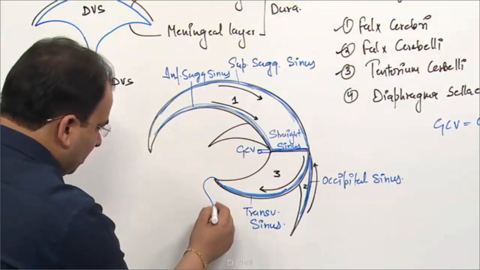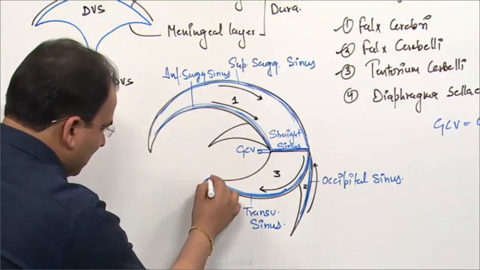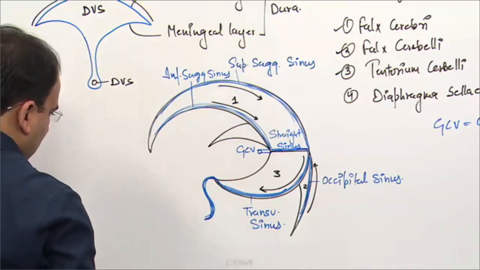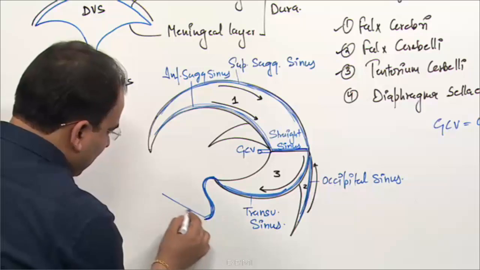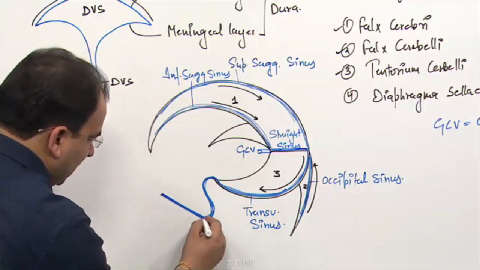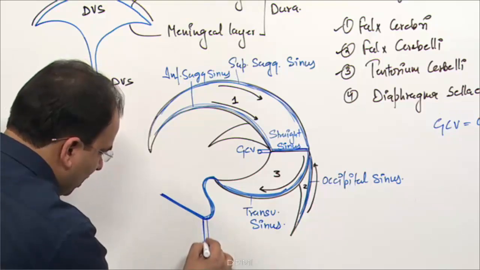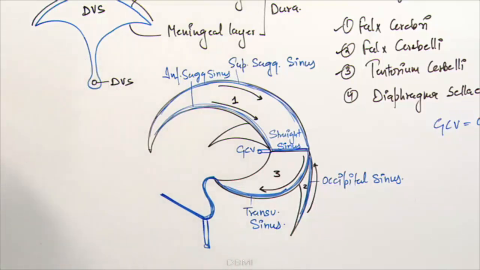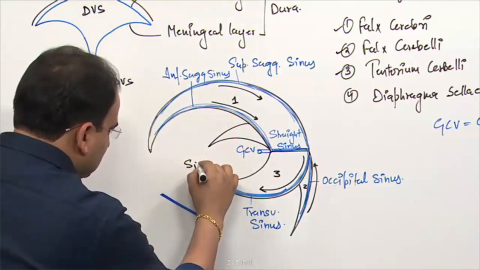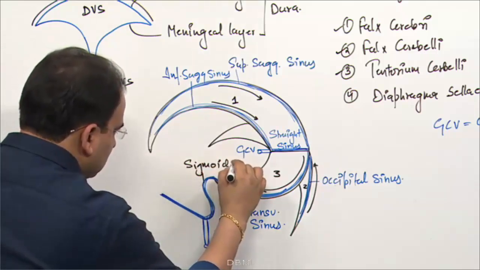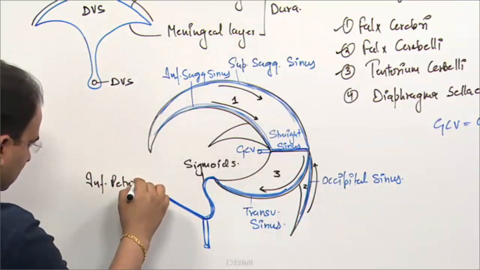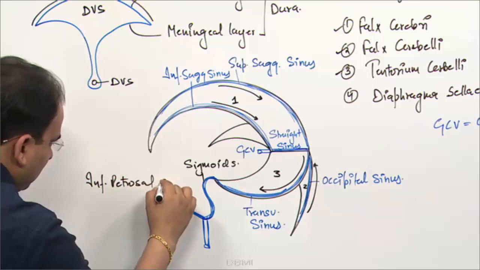It drains the blood into the sinus called the sigmoid sinus, and this sigmoid sinus meets with the sinus coming from the cavernous sinus, that is called the inferior petrosal, and together they form this vein that is called the internal jugular vein. This is the sigmoid sinus and this is the inferior petrosal sinus.